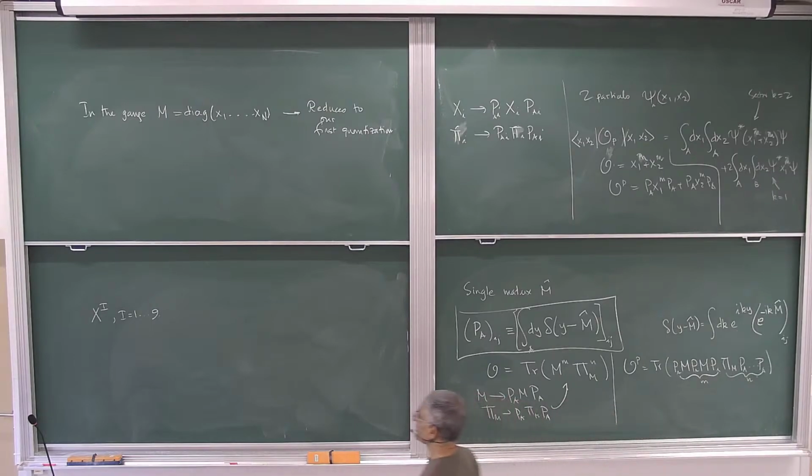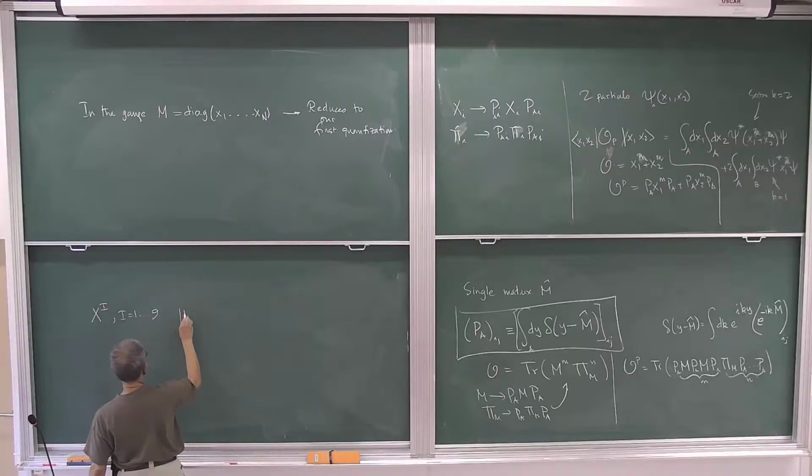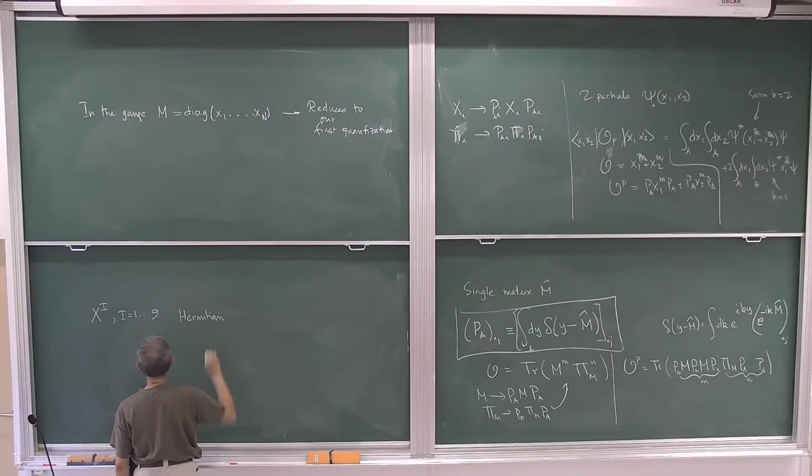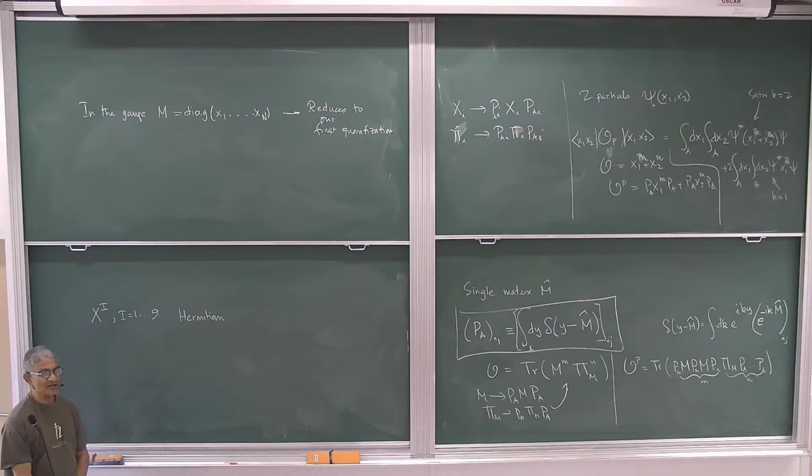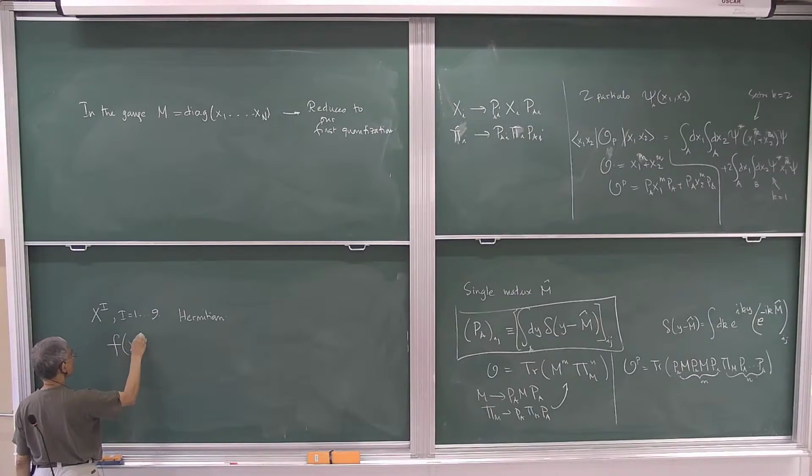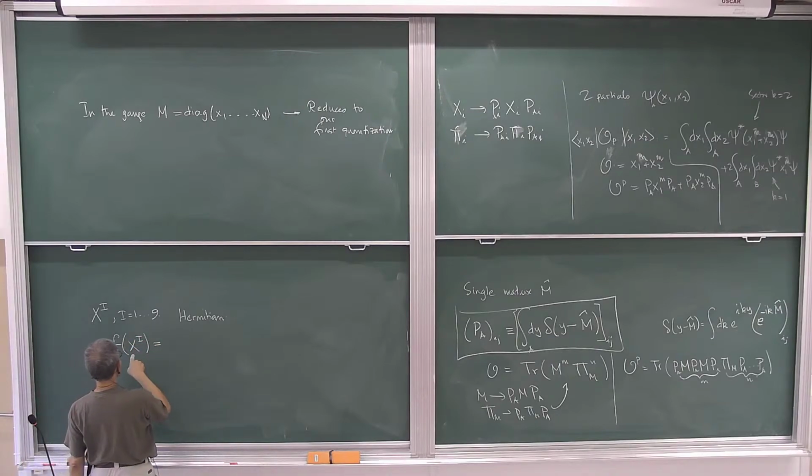These are all Hermitian matrices. We take them Hermitian. Out of these Hermitian matrices, I can form a Hermitian matrix which is a function of these.